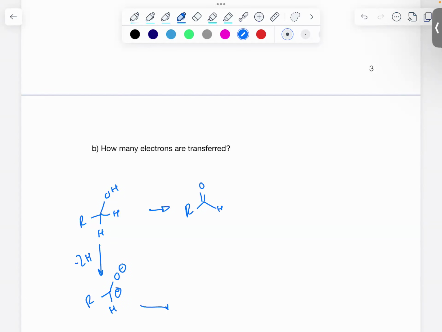And then in order for those 2 things to come together, we'll have to turn one of them into a cation. And so we know it's a 2 electron process.